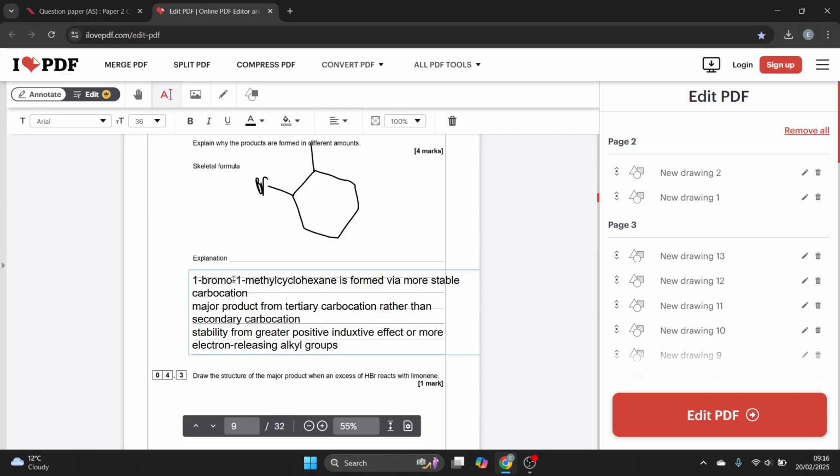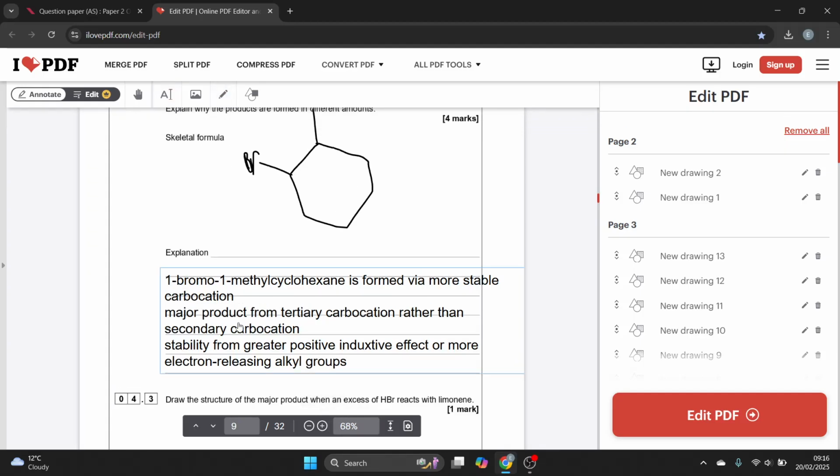It's always the same. You need to just compare it. Formed by the more stable carbocation. On the left, the major product is formed from what kind of carbocation, rather than the minor product formed from what kind of carbocation.